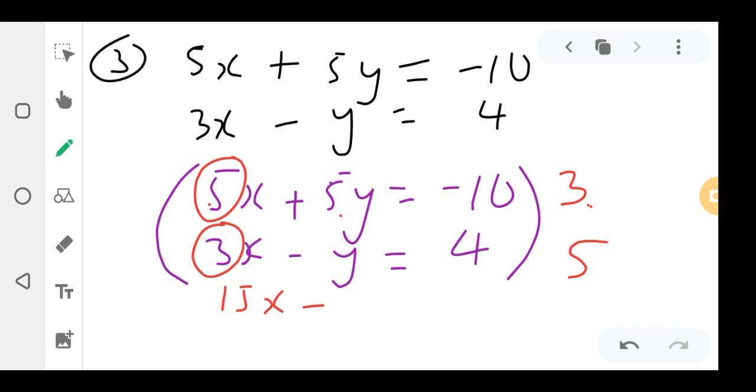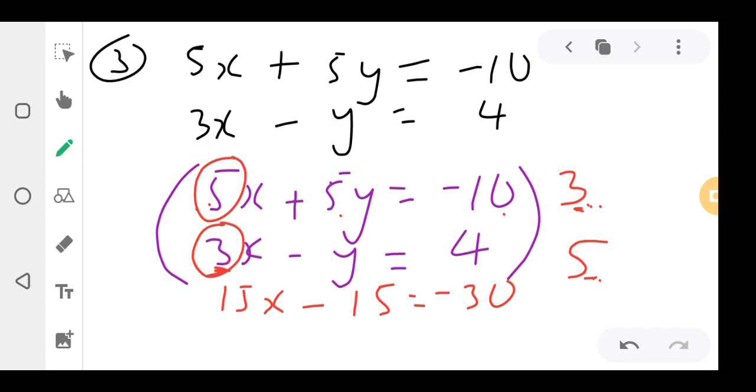You're multiplying what is outside with what is inside. Bracket means what is outside is multiplying with what is inside.